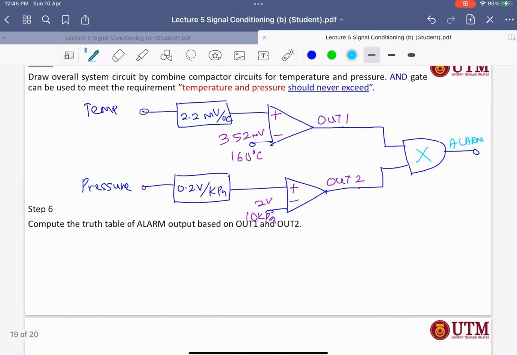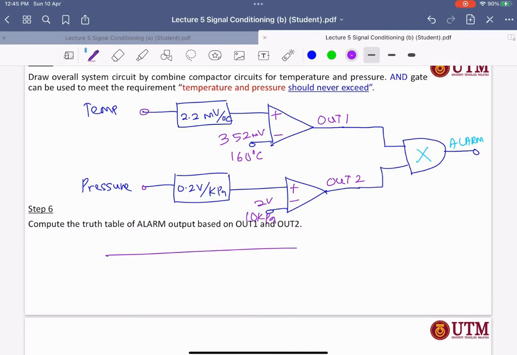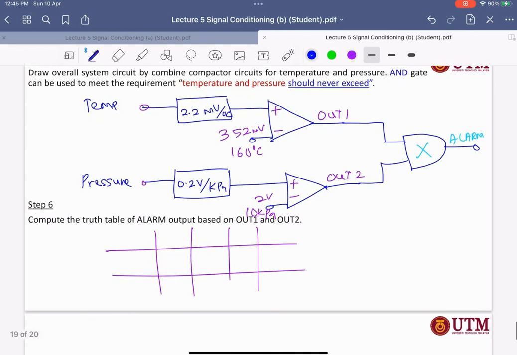When you do the alarm system, you will have a truth table here. Let me draw it first. You will have output 1 and output 2, and then the alarm.